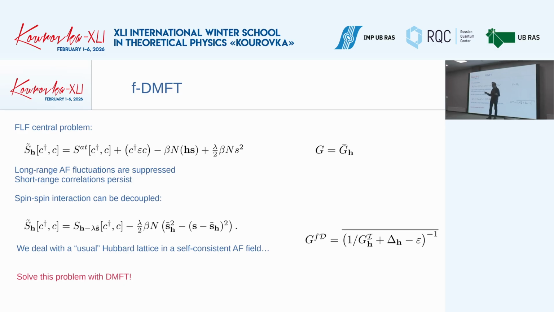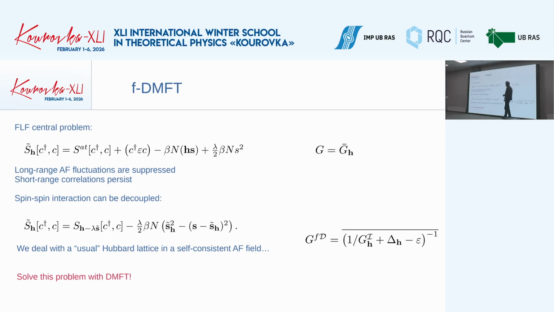Probably this is what is good for the DMFT-like approximation, because DMFT takes into account the local physics, and we erased the global fluctuations out from this.